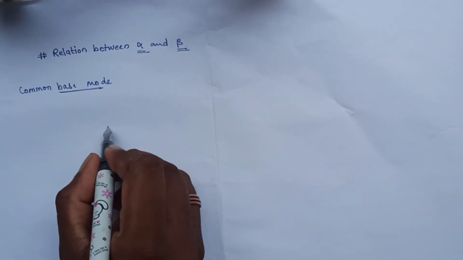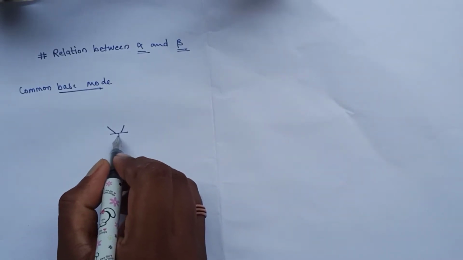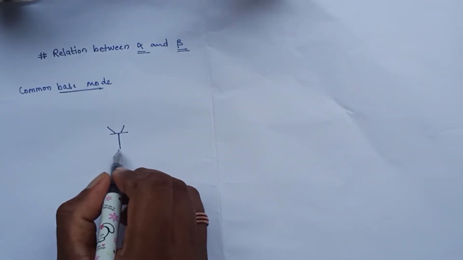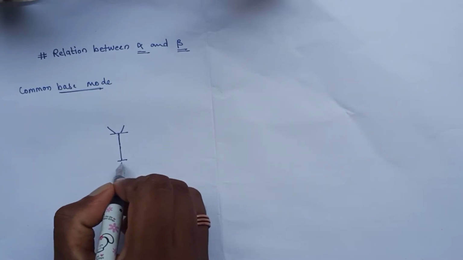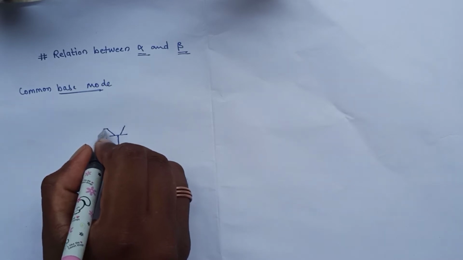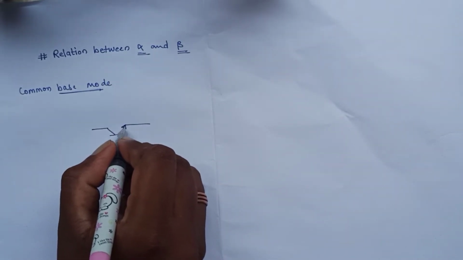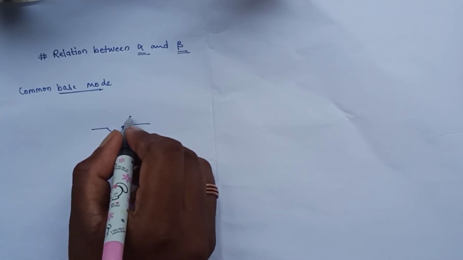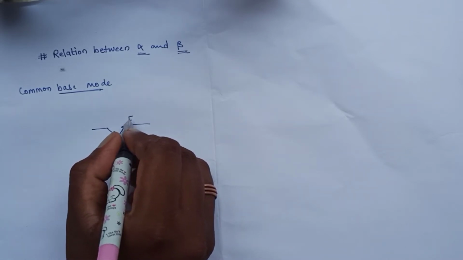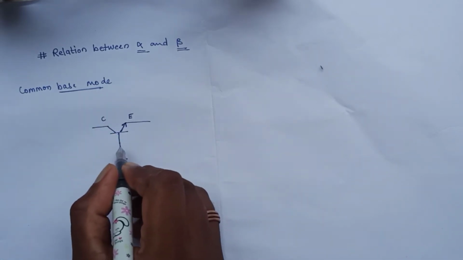In the common base mode, the base is common for the input and the output. So let's see the diagram. The base terminal here is common, which is grounded. This is the emitter and this is the collector.